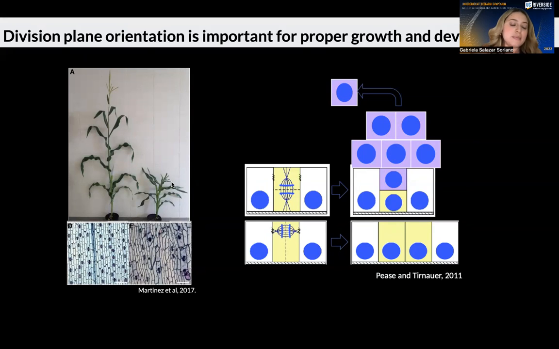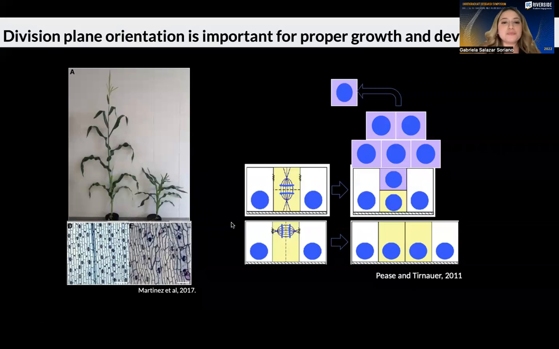However, in this plant right here, you have the division plane orientation defects, and the plant is significantly stunted in growth. And at the cellular level, division plane orientation defects cause misoriented divisions, which you can see here, that the cells lose the brick-like structured patterns that are seen in the wild type plants.